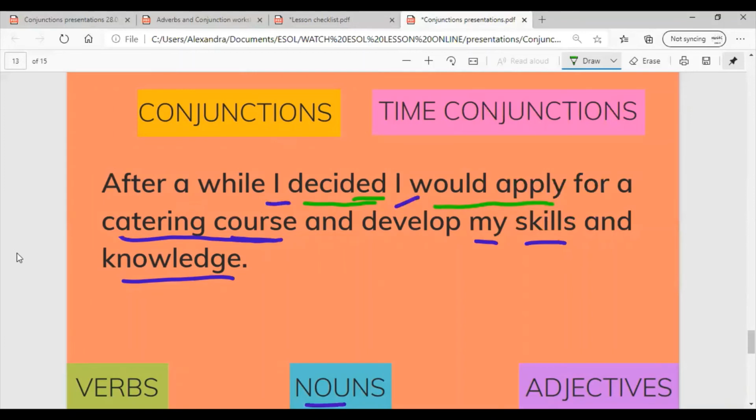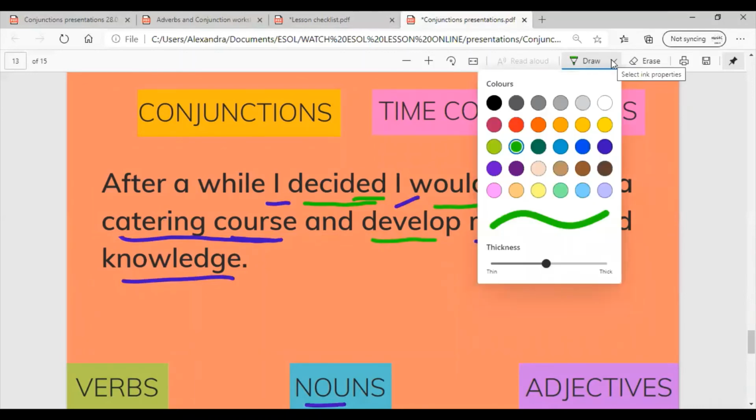Now even though catering does have an ing in this context, we're not looking at it as a verb, we're looking at it as a descriptive word. If it was on its own, catering could be a verb, but in this context we're going to look at it as a noun. And develop is our other, it's an infinitive verb.